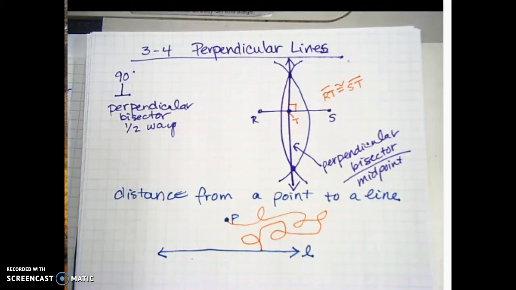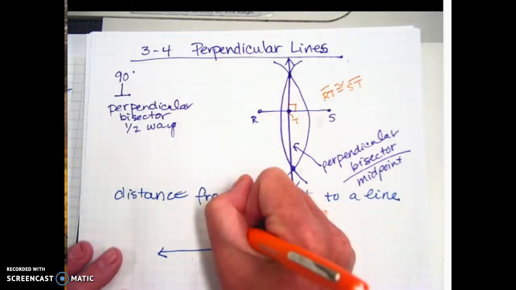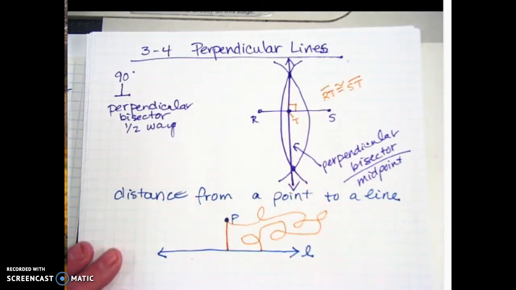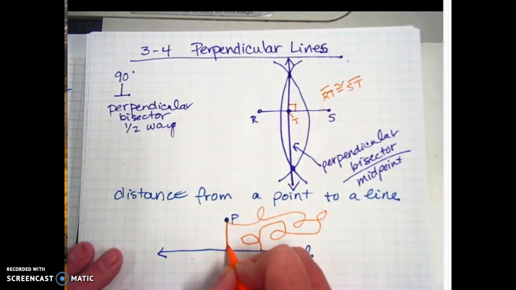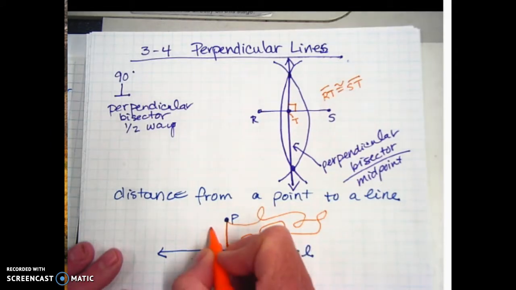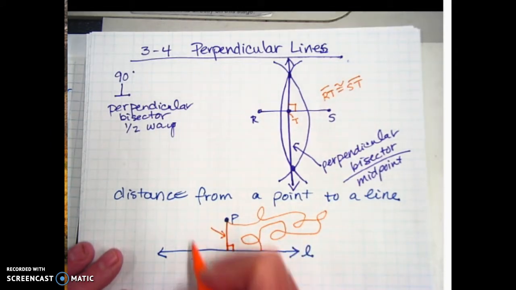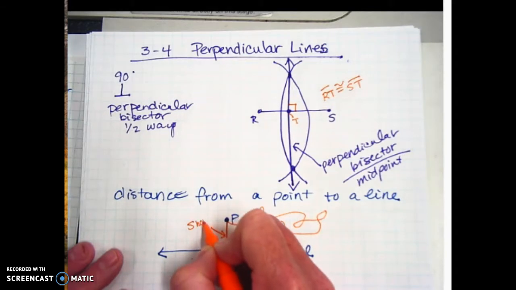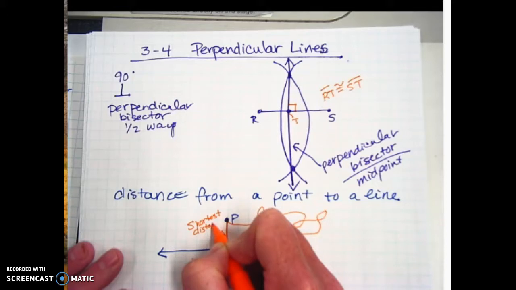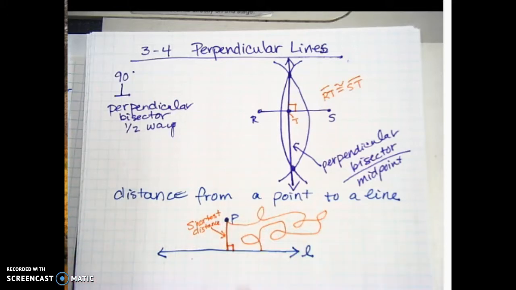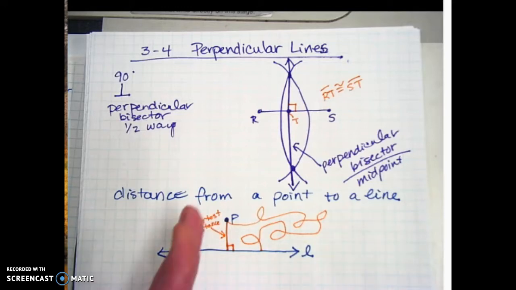This book says that the shortest distance from a point to a line is a straight line, and that line happens to be perpendicular. Where it's perpendicular is the shortest distance, versus any other route or any other line going to that line, which is going to be longer.